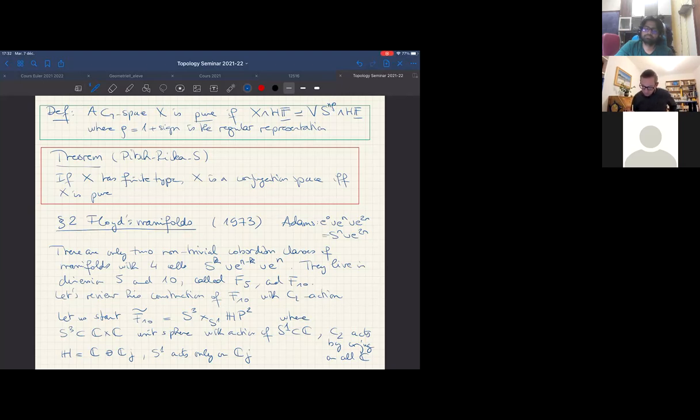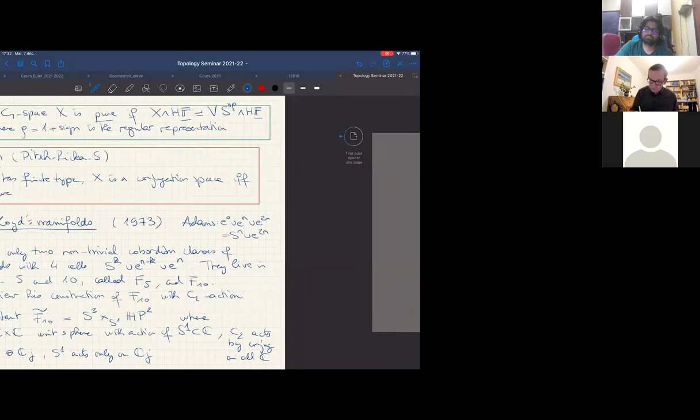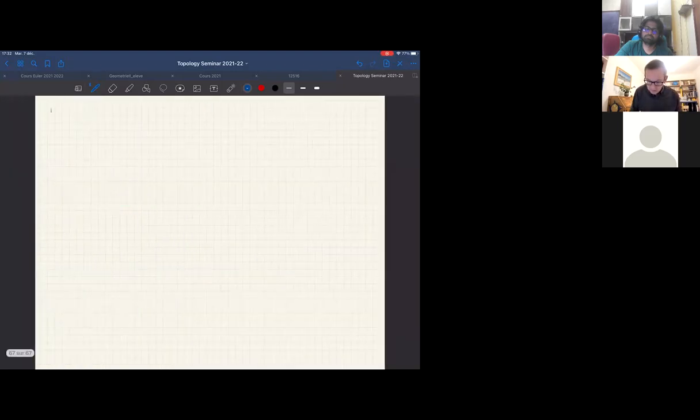So when we look at the fixed points on the C2, then maybe let me write that down on the next one. So F10 tilde C2 fixed points.